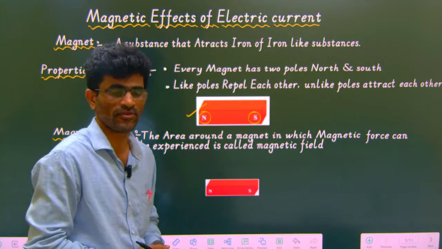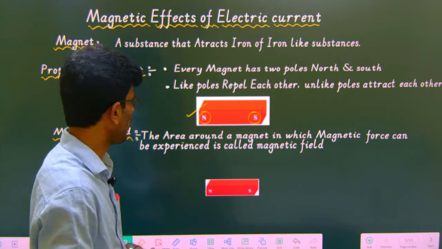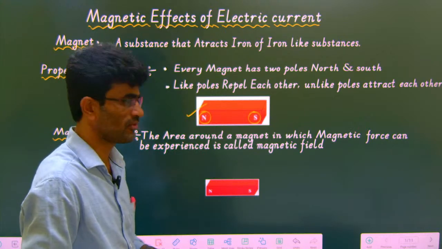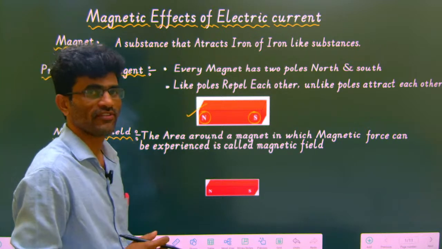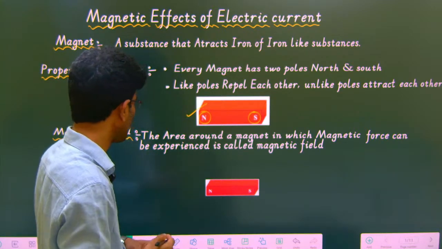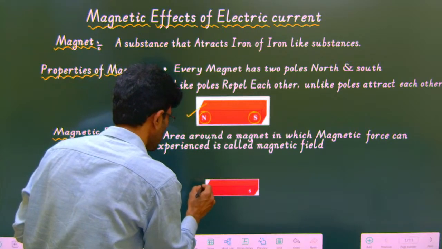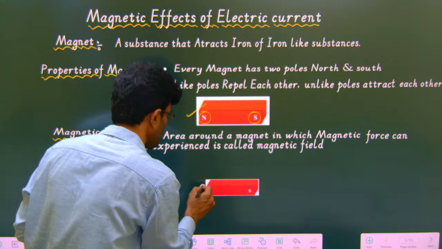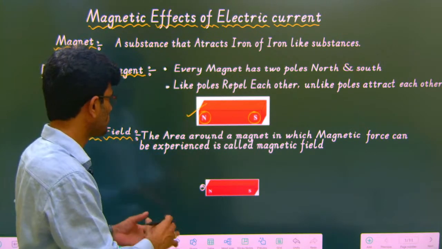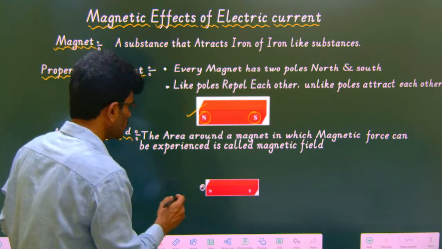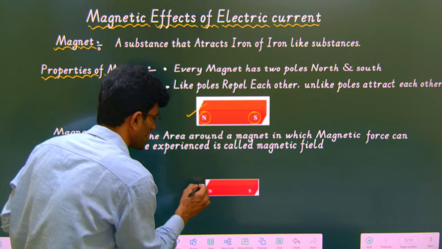Then how do we identify a magnetic field? Where it is, from where to where it is closer, where it is weaker, and in which direction it goes. To know that, we have one activity to identify the magnetic field lines. We take one compass and hold it here and see in which direction it shows the deflection. Actually it always shows the north direction. So when you keep that compass here, it will show some direction like this, from here to here.